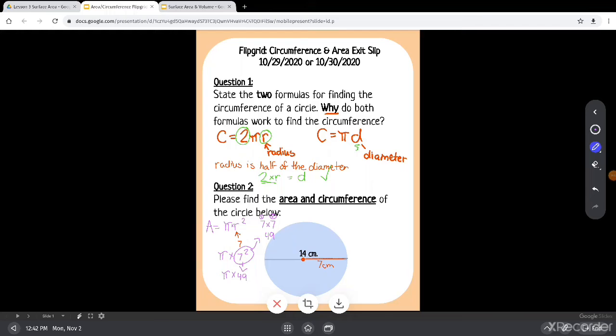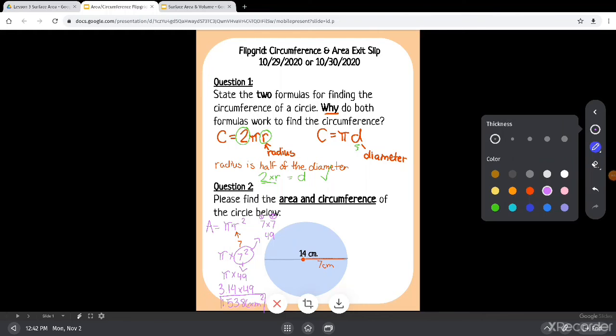We're going to use the estimated value for pi of 3.14 times 49. I'm going to multiply that with my calculator, 3.14 times 49, and you should get the answer 153.86 centimeters squared for my area.